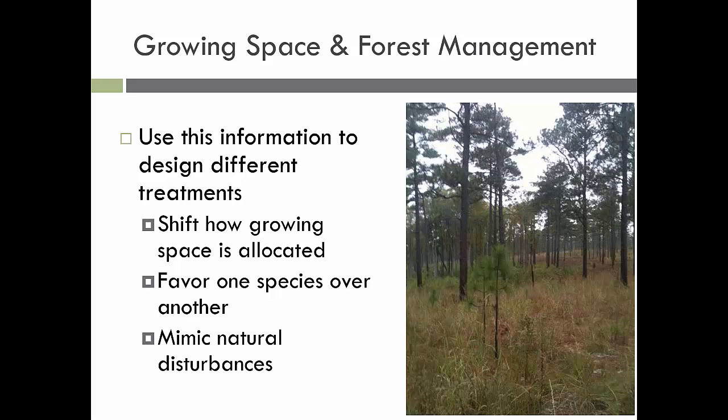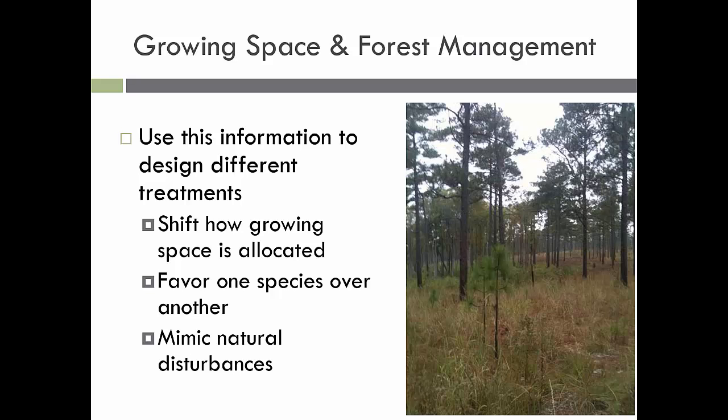So this is one of the species, and we have trees in the overstory, and also trees in the understory. This is an example of how a silvicultural tool, using a different harvest mechanism, allowed growing space to be opened up. So there's growing space available for these regenerating individuals. If we remove an overstory, we open up growing space.